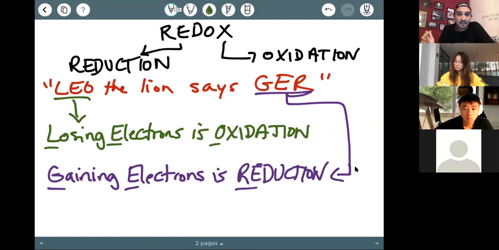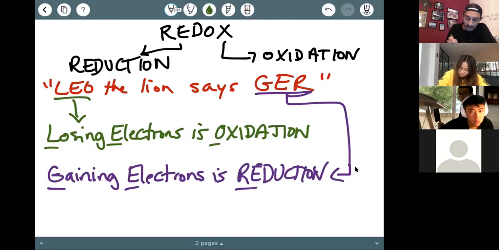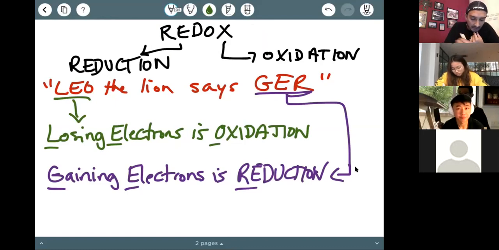Losing electrons is oxidation. Okay. I'm going to add one thing here, because whenever you lose an electron, you're essentially losing a positive and a negative. So sometimes we're going to see this as an electron, which I will sometimes draw as an E with a negative sign like this.